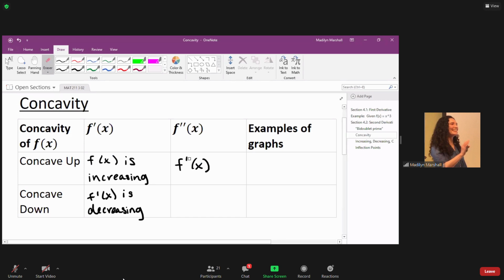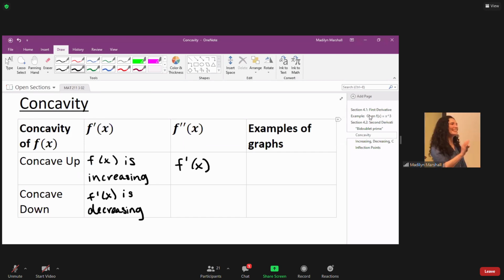If we were just talking about the function f is increasing, what would that mean for the first derivative? It's increasing. Not quite. Are you asking what's happening to the graph? No, we can say something more specific about f double prime.